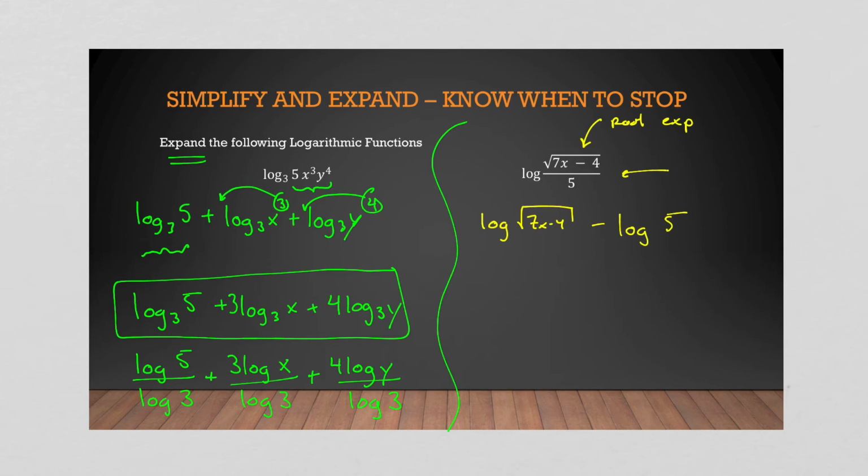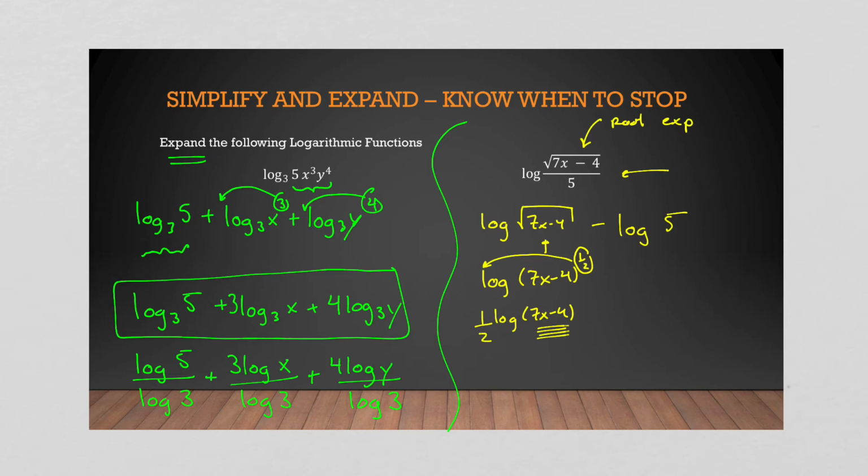Now, I'm going to take this one step further than you might, just to show you what you can do. This is a root symbol, which means log of all of that to the power of 1/2. The reason I do that is because that exponent can now come down to the front. So now you get 1 over 2 log of (7x minus 4) in brackets. You cannot break that up. You can't do anything more with that. You're stuck. Now I just want to show you a little bonus here.